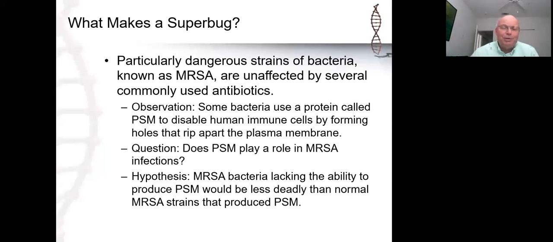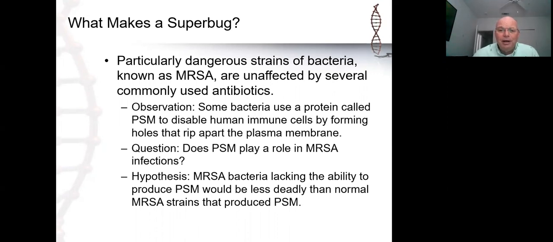All those names apply to the same type of Staphylococcus aureus. It's a type of bacterium, and it's bad news because most of our common antibiotics simply don't work against it anymore. And so if you become infected with MRSA, which is the way we pronounce this, it can be really life-threatening because most of the common antibiotics are no longer working against it.